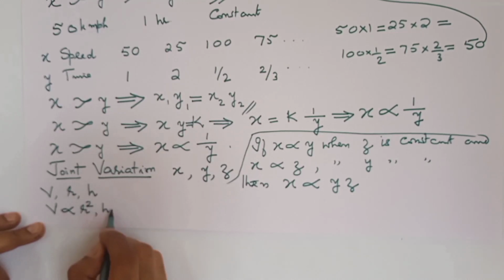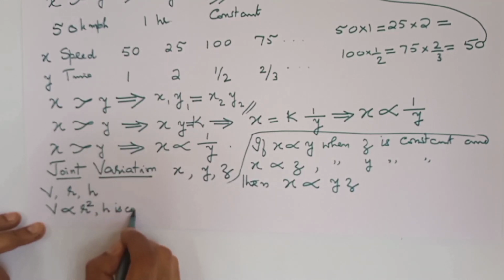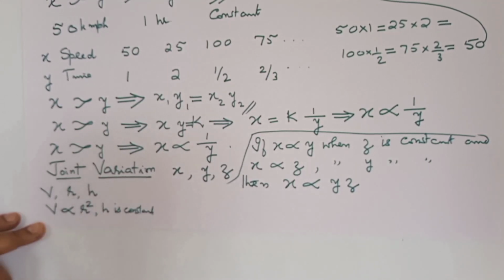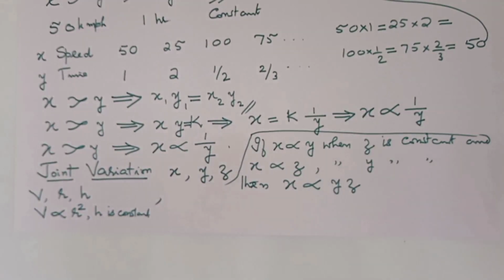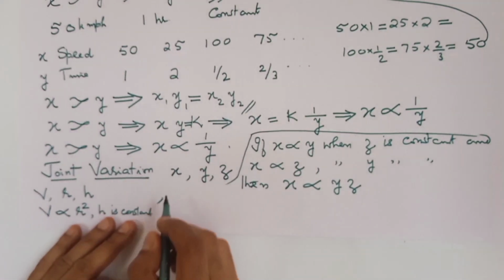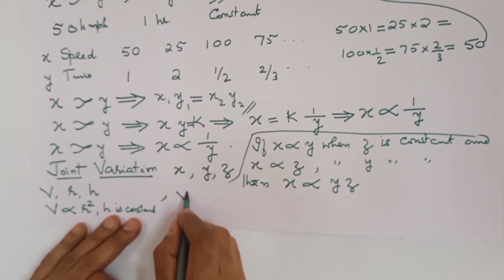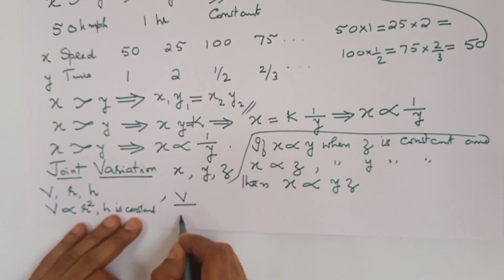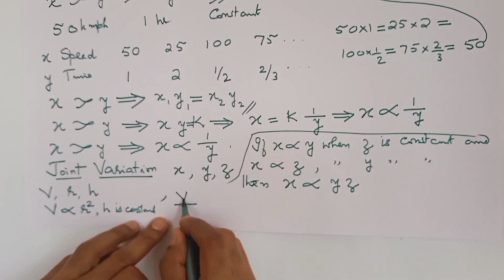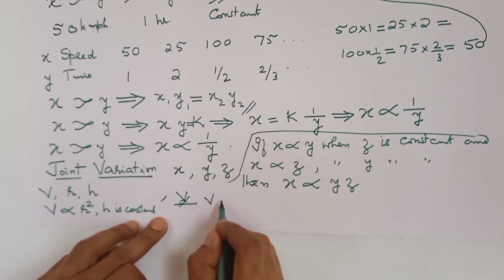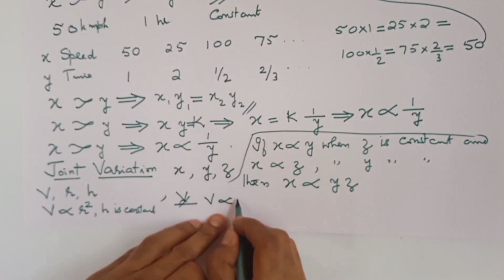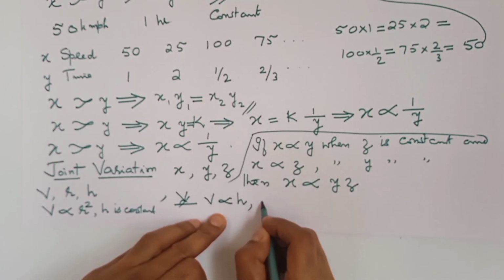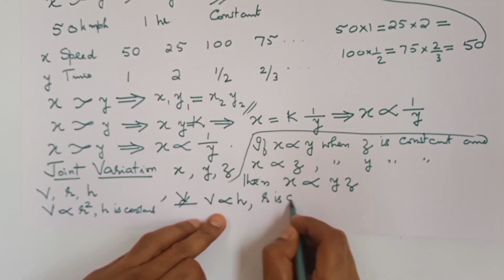Here H is kept constant. Now you look at another set of cylinders where you have the same radius and the heights differing. In that case, you will see V being directly proportional to H. Here R is constant.